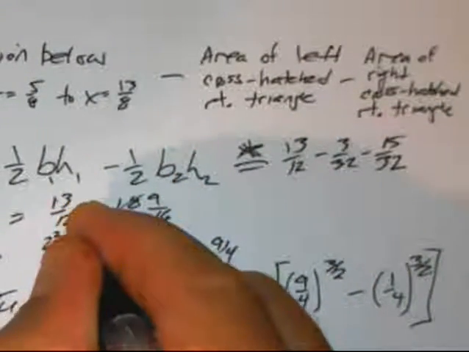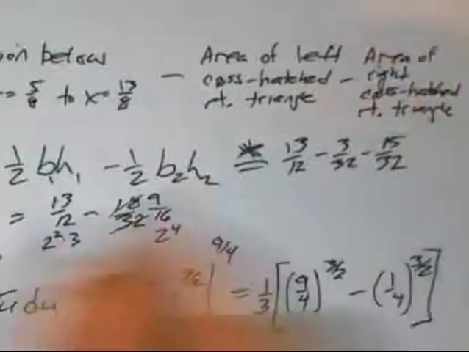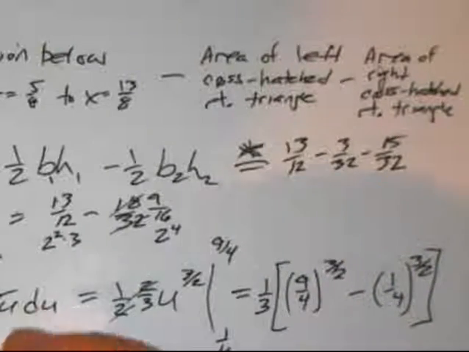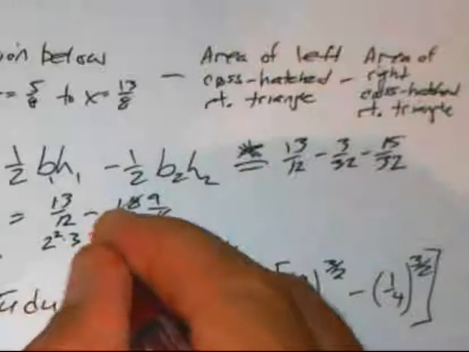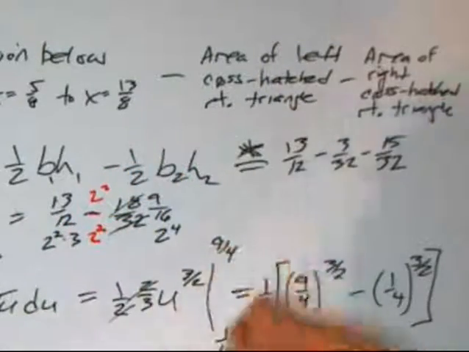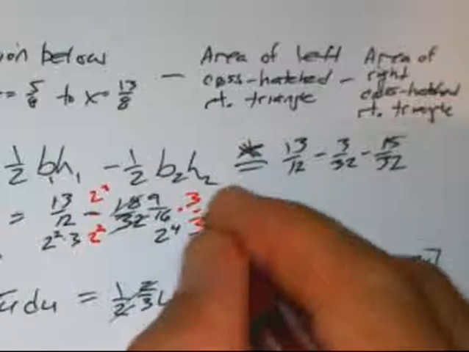12 is 2 squared by 3 in other words. 16 is 2 to the 4th. Okay, LCD, 2 to the 4th by 3. This needs a 2 squared over 2 squared buildup. This needs a 3 over 3 buildup.